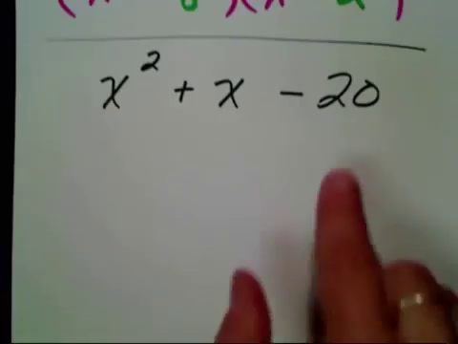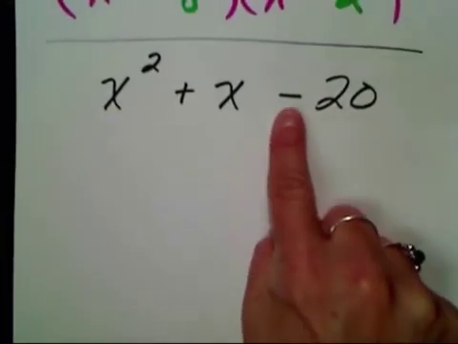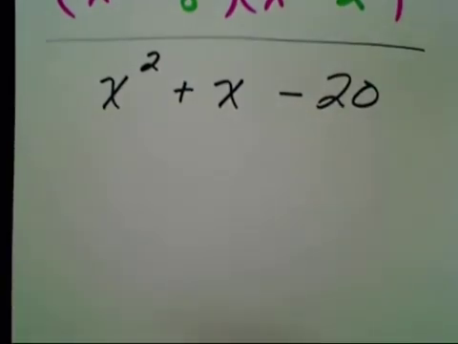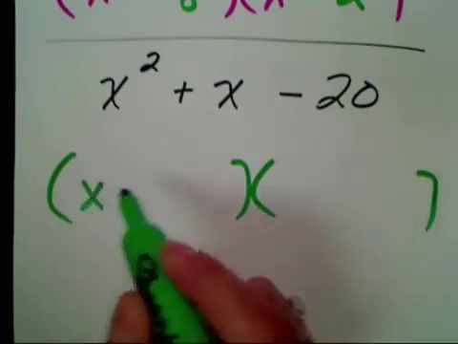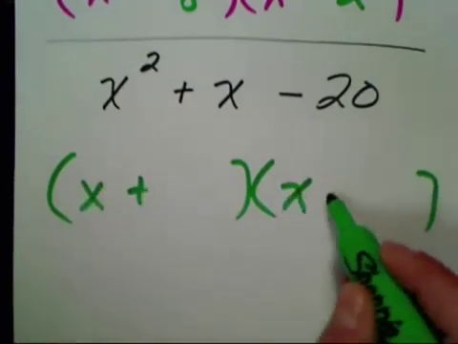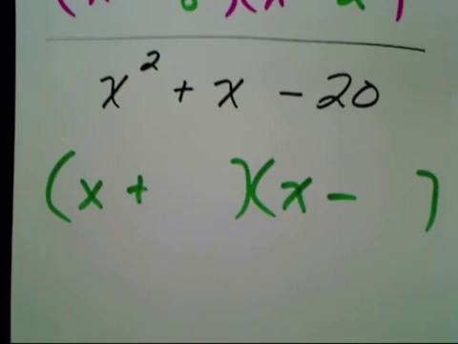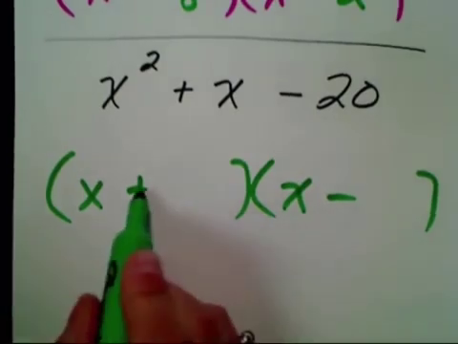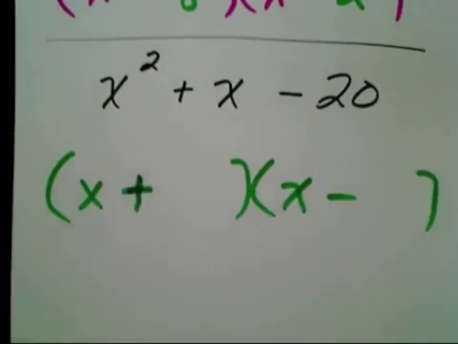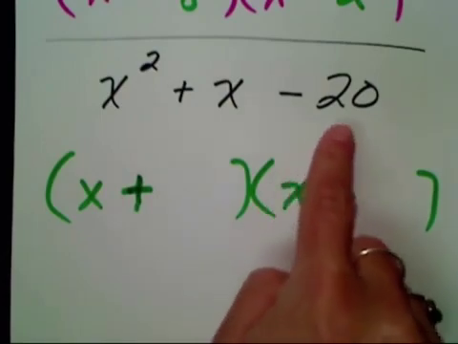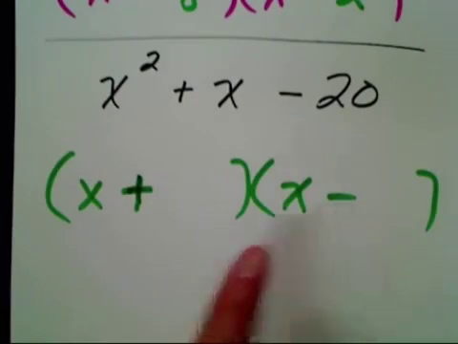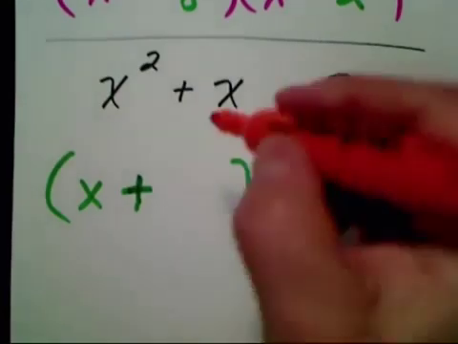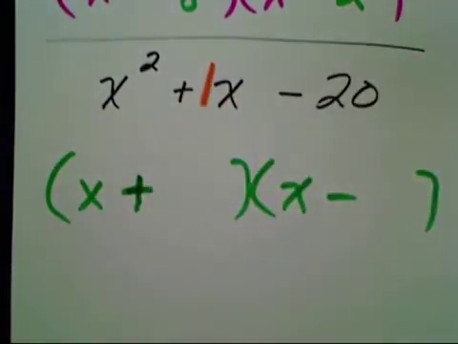If the sign on your c is negative, that tells us that in our parentheses, we're going to have one of each sign. One's going to be positive, one's going to be negative. And we have to be careful as to which number we put where, because that will change our answer. In this case, I need two numbers that multiply to 20 and add, or because we'll have one of each sign, subtract to 1. Remember, there's always a 1 in front of any variable if there's no number written.